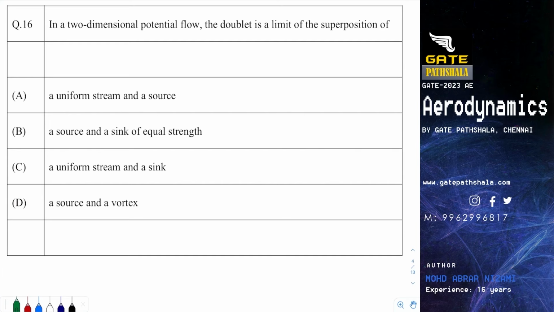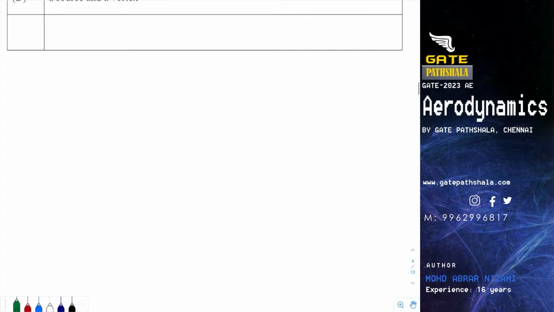In a two-dimensional potential flow, the doublet is a limit of superposition of... So if we combine a source and sink, we get the doublet. We all are well aware of this. So by the method of superposition, we can find psi of the doublet as the combination of psi of the source plus psi of the sink.